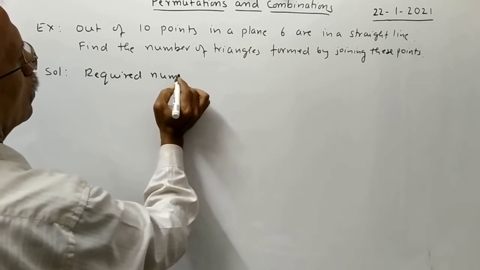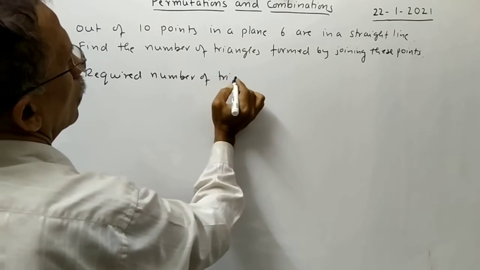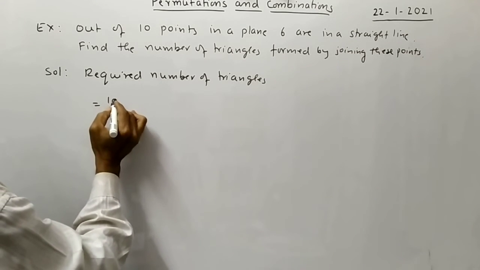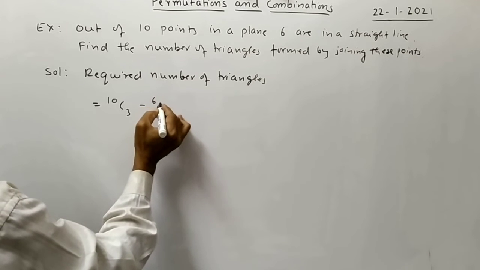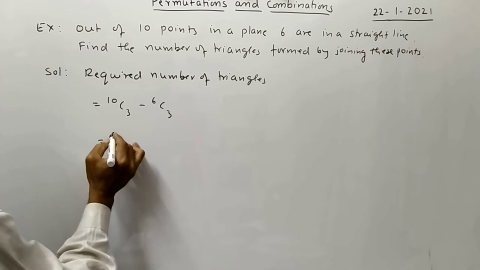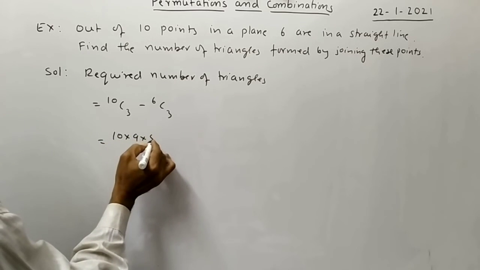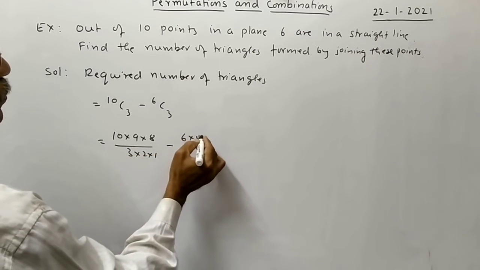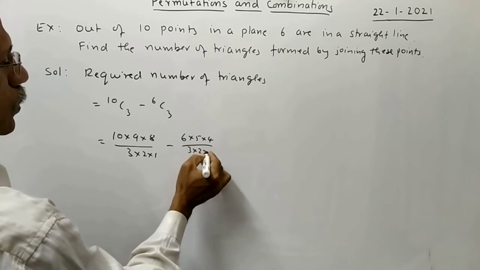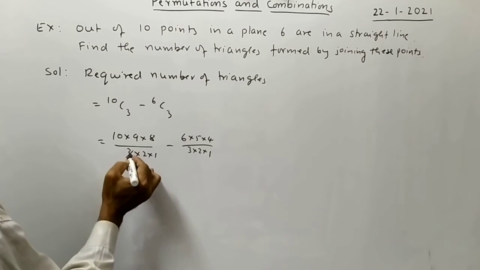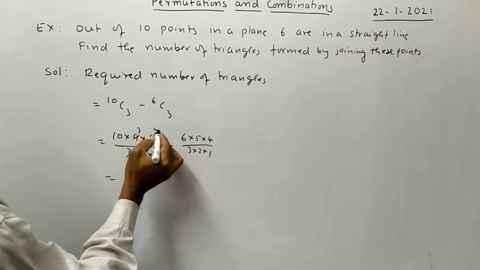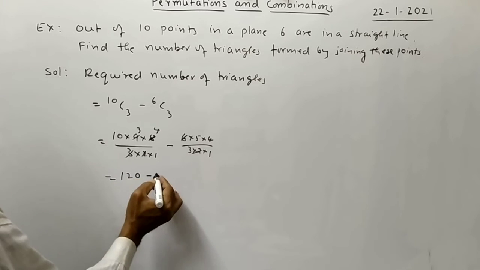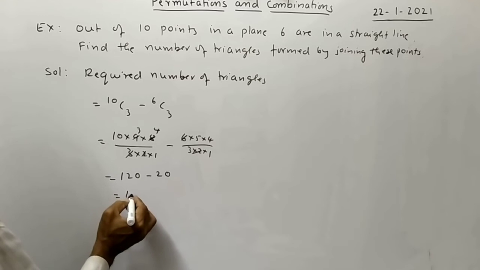Required number of triangles is equal to 10C3 minus 6C3, is equal to 10 into 9 into 8 divided by 3 into 2 into 1, minus 6 into 5 into 4 divided by 3 into 2 into 1, is equal to 120 minus 20, is equal to 100.